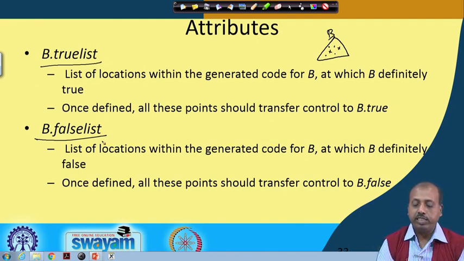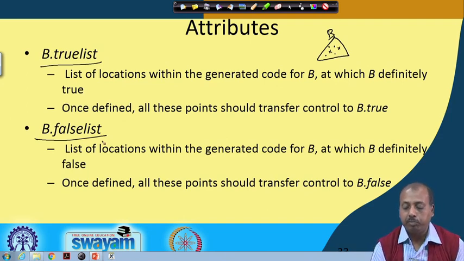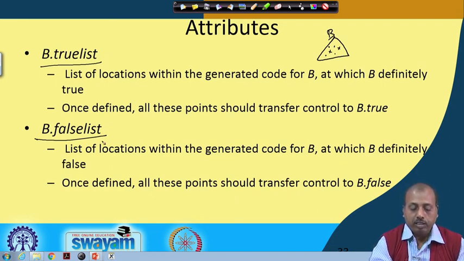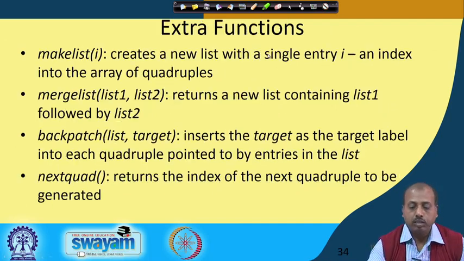Similarly, b.falselist contains the list of locations within the generated code for b at which b is definitely false, and once defined all these points should transfer control to b.false. So, all these points I can correct in the generated target code, so that they now contain the address of b.false as their jump target.